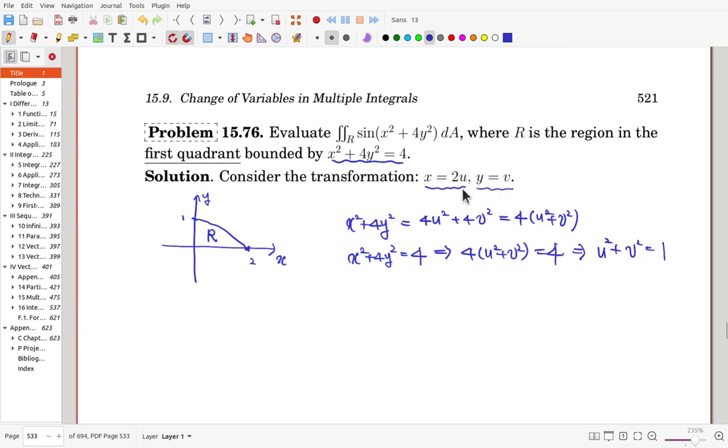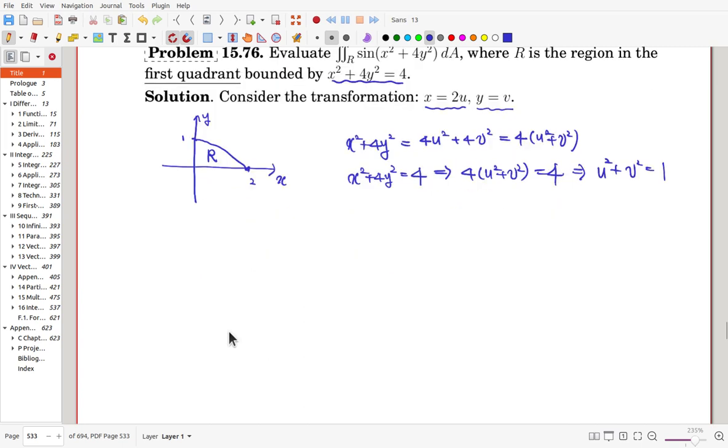With this transformation, Q is this one. It's u and v. Again, this is the first quadrant, like that. That's 1 and 1, right? Okay, so we figured out Q, and the transformation is given.